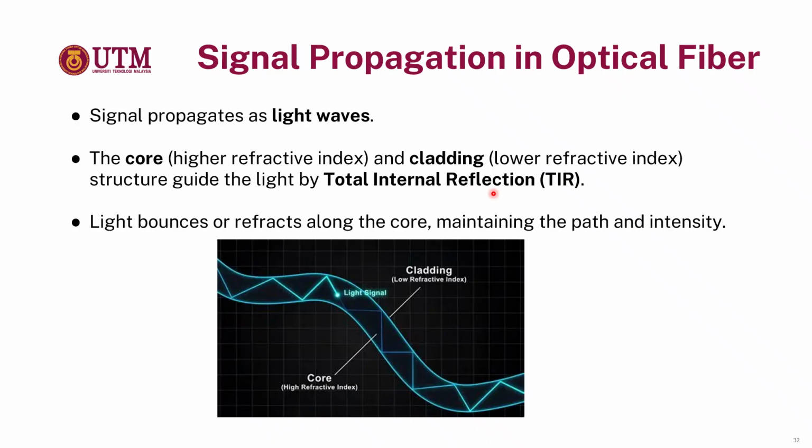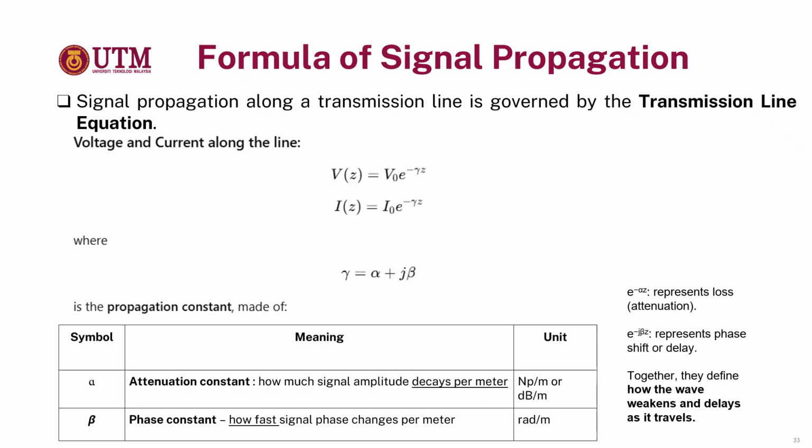It's like a mirror. The signals are reflected from one surface to another as they propagate from the transmitter to the receiver. This figure shows how our signals, in terms of light, behave when transmitted over optical fiber from the transmitter towards the receiver.